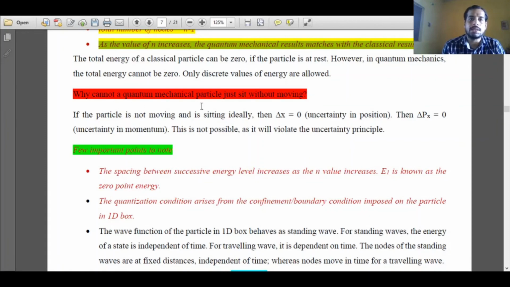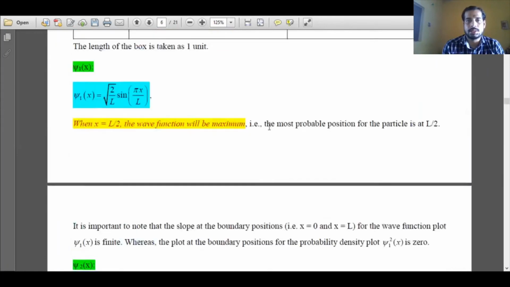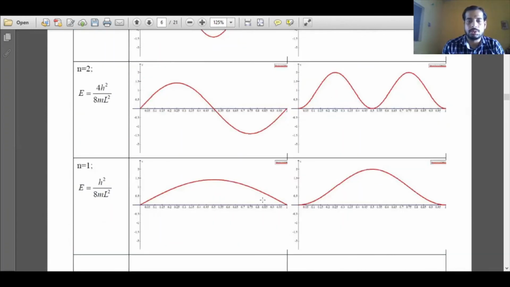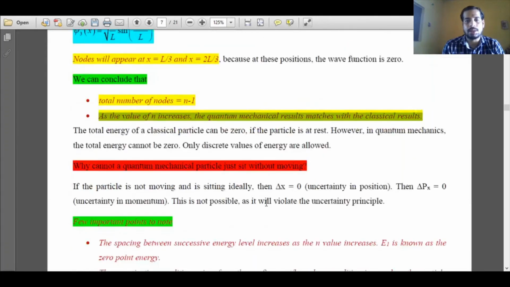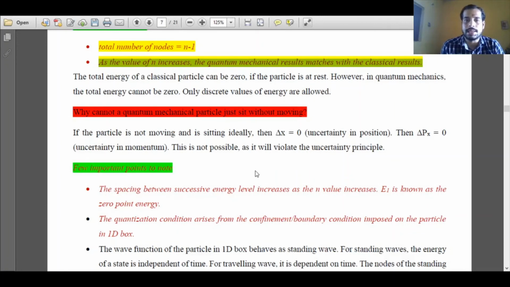Now, why can't a quantum mechanical particle just sit without moving? According to quantum mechanics, the particle cannot sit idle, it has to move. If the particle is not moving and is sitting idle, then delta x, the uncertainty in position, is equal to 0.